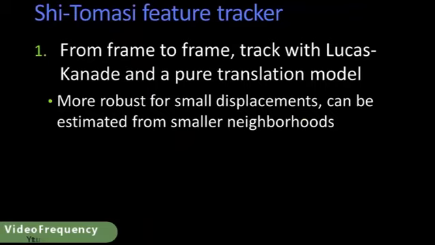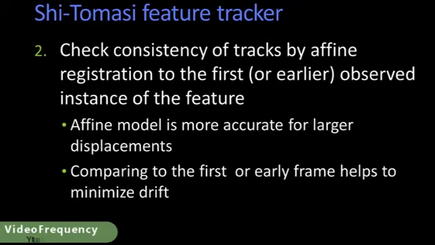From frame to frame, you do Lucas-Kanade, pure little translational motion. Remember, the idea was that we assume that within a given small patch, we're going to find some translation. What's nice about that is that it's pretty robust for small neighborhoods. You can basically say that they're all translating.